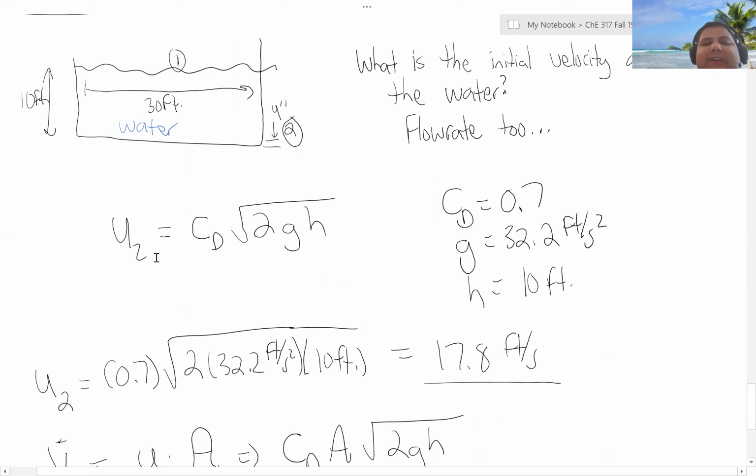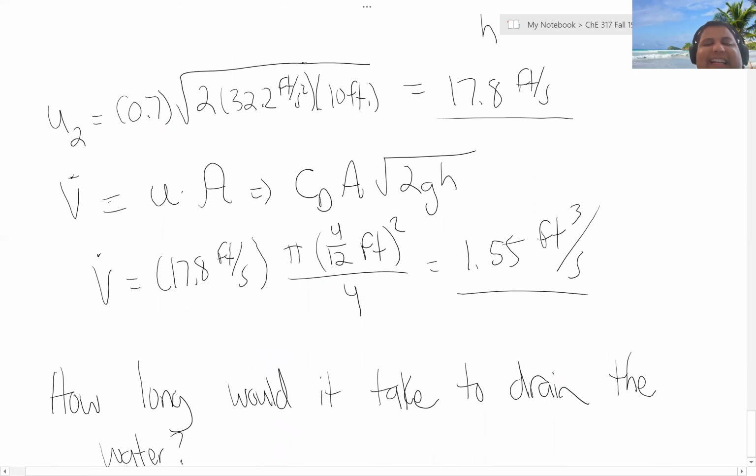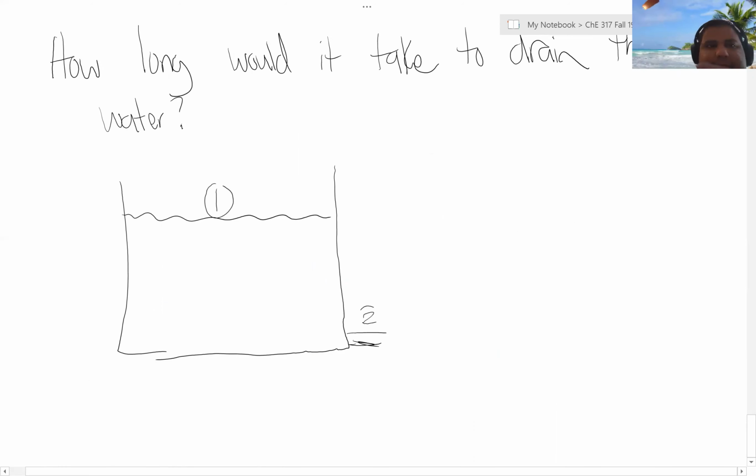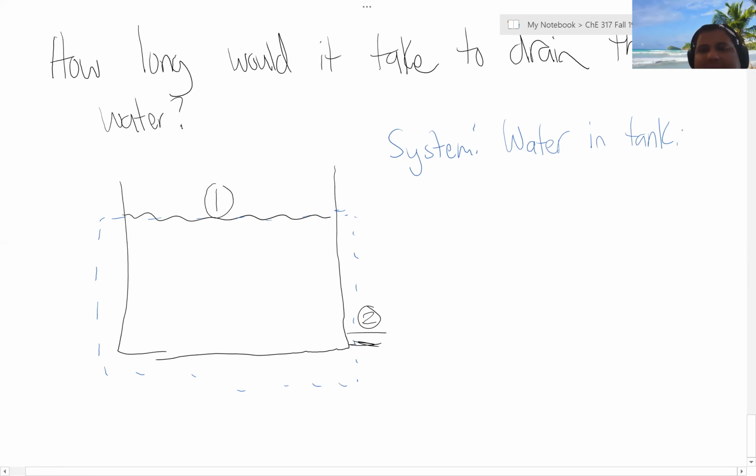That means if we want to figure out the time necessary to drain the tank, we have to look at this problem in a different manner, right? We have the same situation, but now what we have to think about is if I was going to draw a system, my system being the water in the tank, or the tank itself, however you want to think about it, how could I write a mass balance for this?